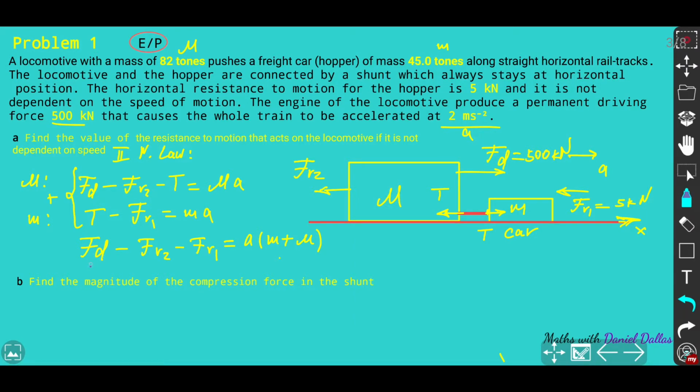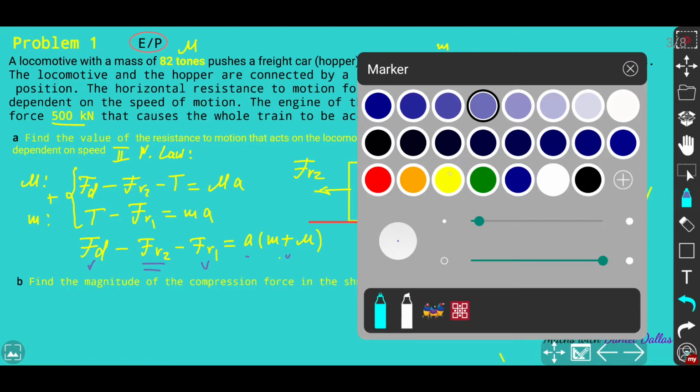The driving force, definitely, I know Fr1, the resistance against the motion for the hopper, and I know the total mass, so I can figure out Fr2, which is basically the target variable in our equation.